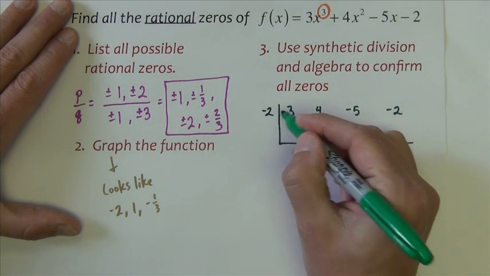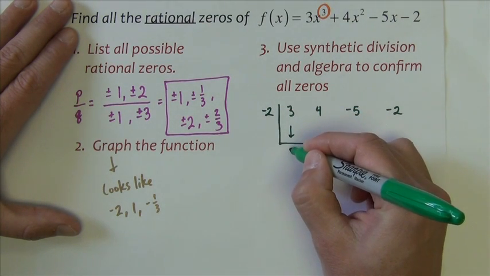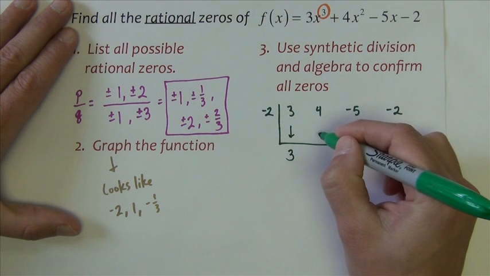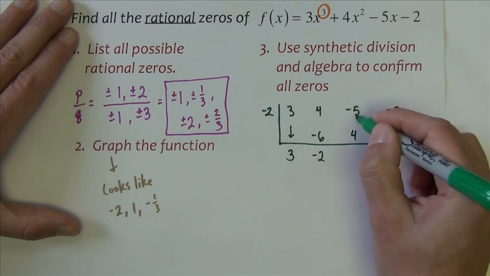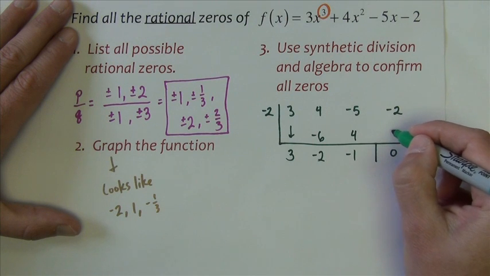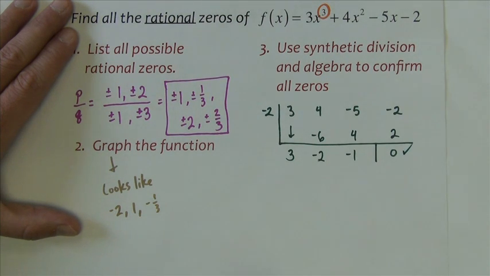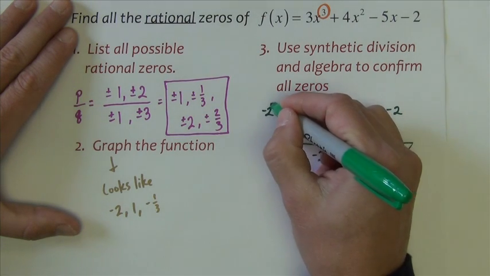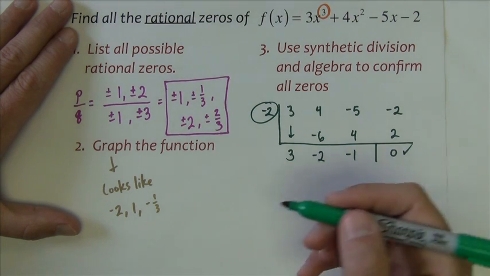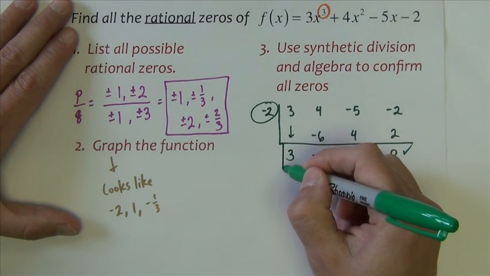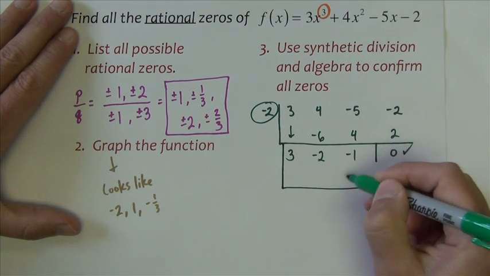Let's try -2. So procedurally, I bring down the 3 and I multiply. I add together and I multiply. I add together and I multiply, and sure enough, it works. So I know that -2 is a 0. Alright, so let's try the +1. I'm just going to use these numbers right here.